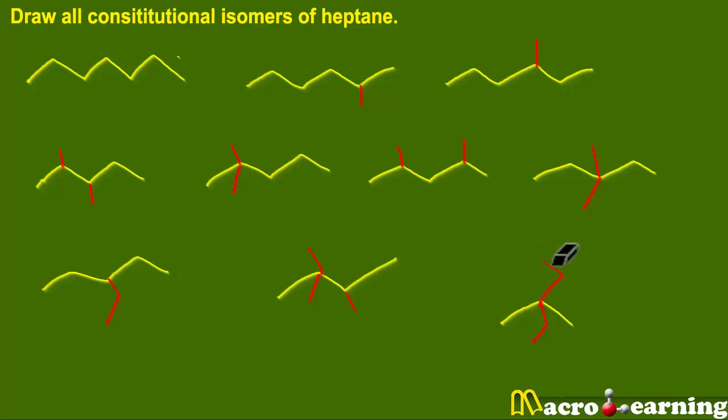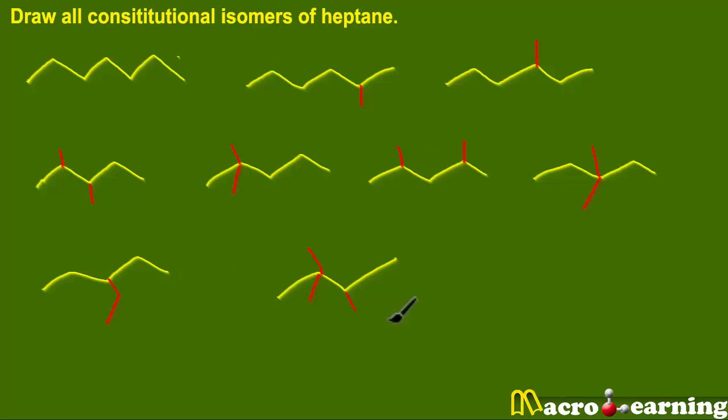So again, we're not considering this one, and that's it. We can't go any fewer carbons from here. We're stopping right here, and we're sure that we've got all the possibilities. We didn't miss anything, and in the meantime we're not having any duplications.